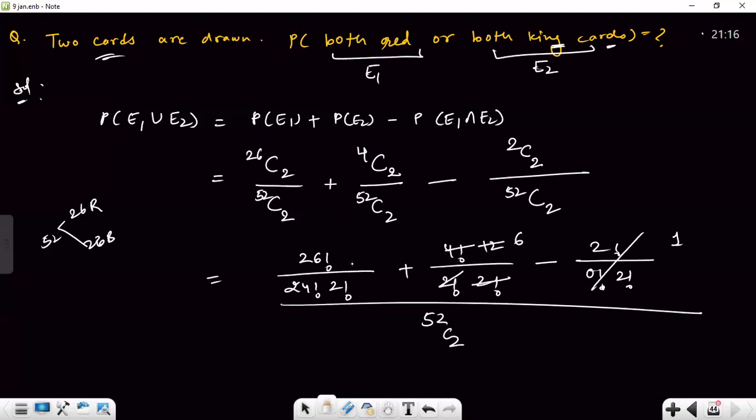This has become 6. 24 factorial cancels, 26 into 25, 2 cancels 26, so this has become 13 into 25.